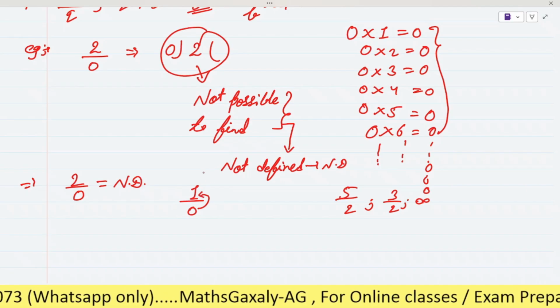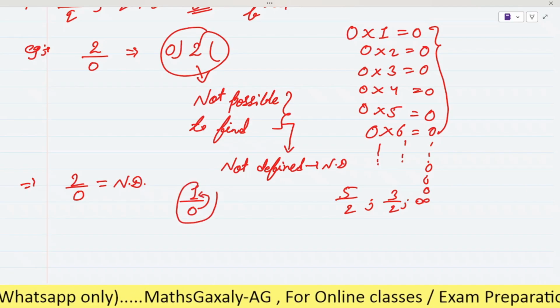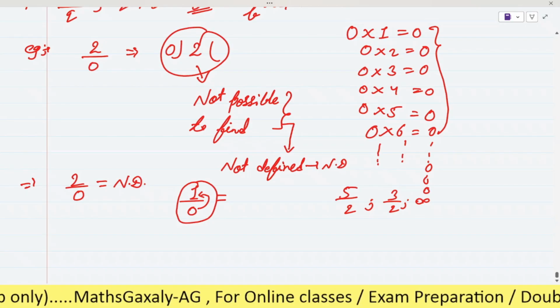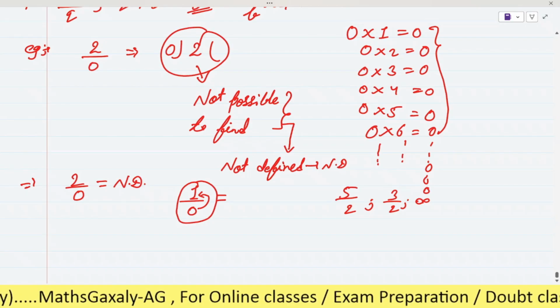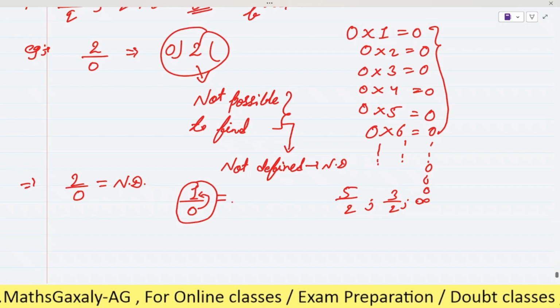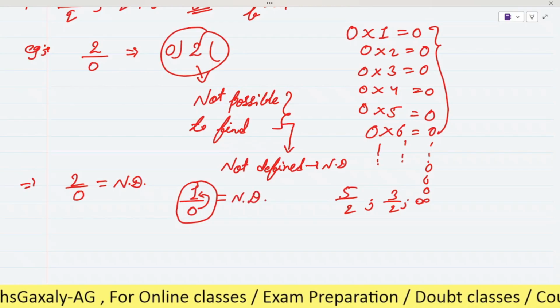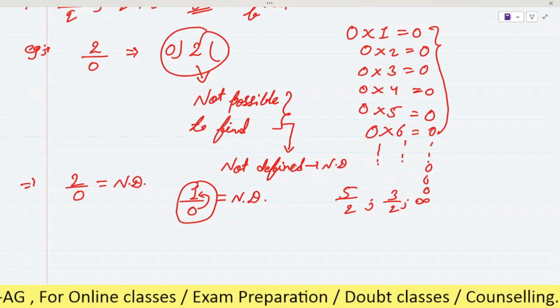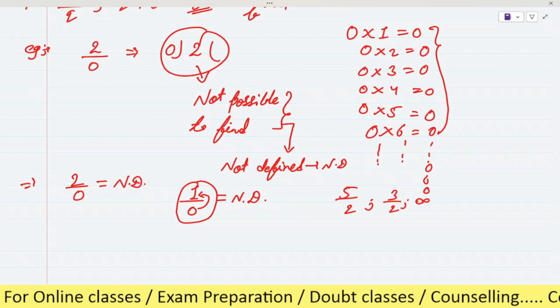This is correct. But when you solve this one, we can't define the result, we can't find it. So that's why here it will be not defined. Is it clear now?